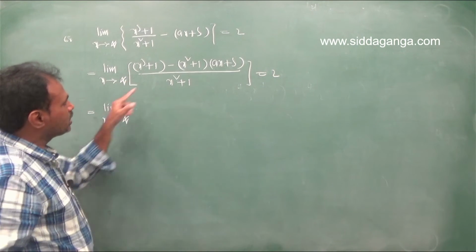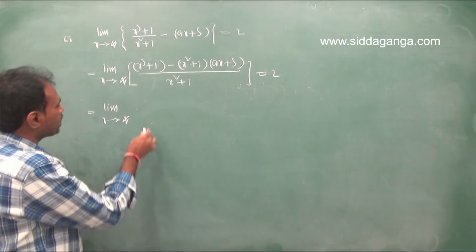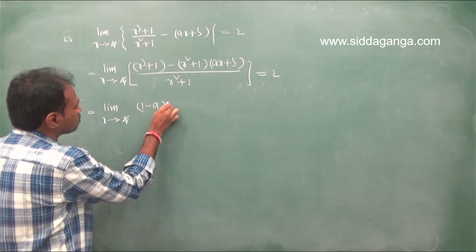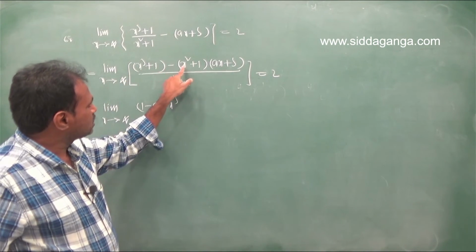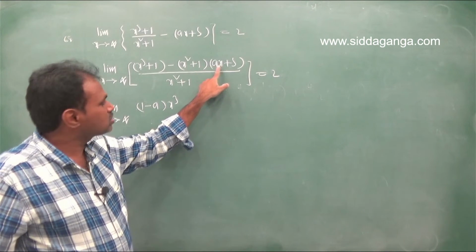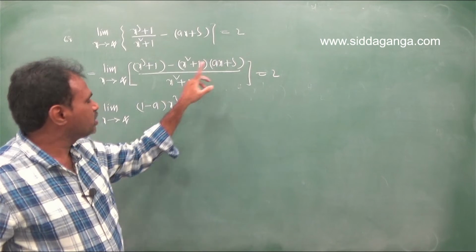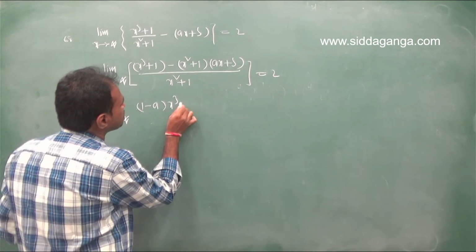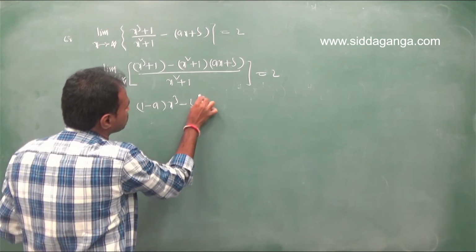x cube, here x square into ax, that is ax cube. If you take x cube common, that is 1 minus a into x cube. x square into ax means minus a x cube. Then x square into b, that is minus b x square.